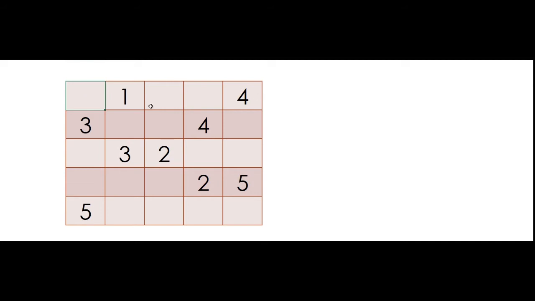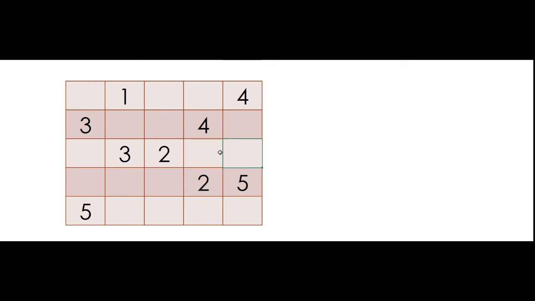So 4 should come in the first row, second row, third, fourth and fifth row. First and second row already have a 4. So we need to fill 4 in these three rows. Let's go to our third row first. In the third row, 4 can appear in these three blanks.